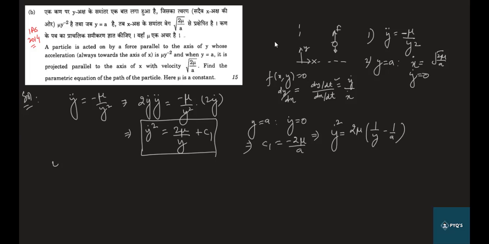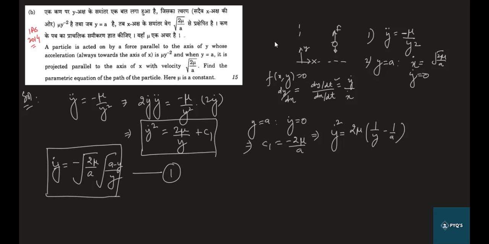So if you simplify this, I'll get y dot equals plus minus, but you know velocity is decreasing because acceleration is always towards the x-axis. So negative sign is taken, and 2 mu upon a, and here I'll write a minus y by y. So after solving and applying condition, we have this equation. So this is equation number 1.